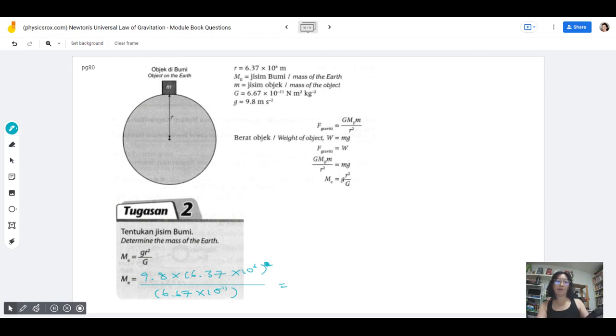Don't forget to square it. And you'll get 5.96 times 10 to the power of 24 kilograms, which is the approximate mass of the Earth. And that's how you solve the questions in this topic in this module and more book.